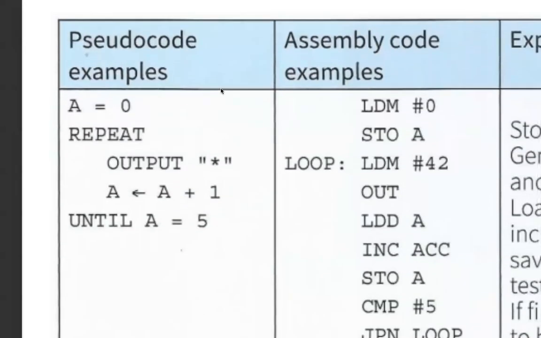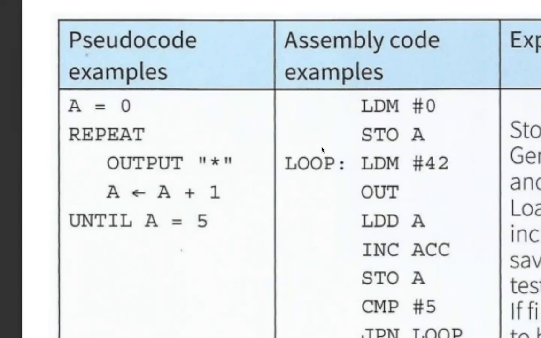Okay. Now let's look at what happens in assembly language. We are initializing the variable a with the value 0. We need two lines for this: LDM #0, then STO into a, store into a. We studied this before. Initializations are handled this way. A simple line for initialization has to be written in two lines in assembly language.